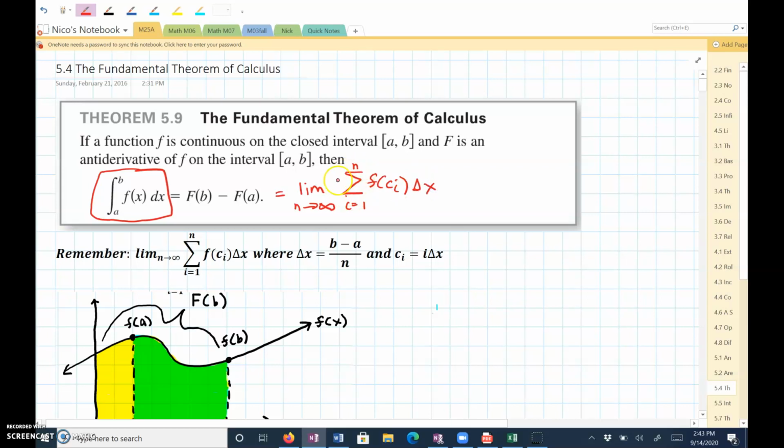This is sigma summation notation. This is just a big S. So this is a shorthand of this.